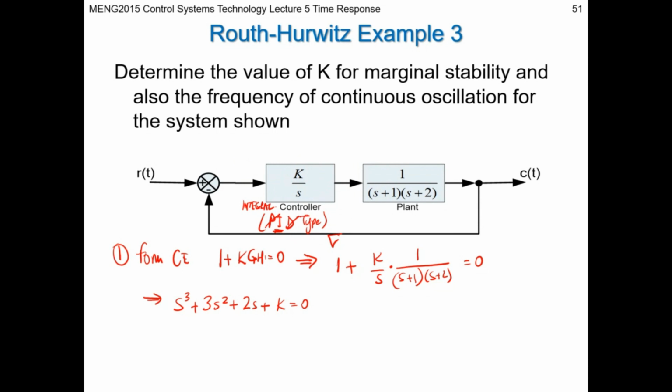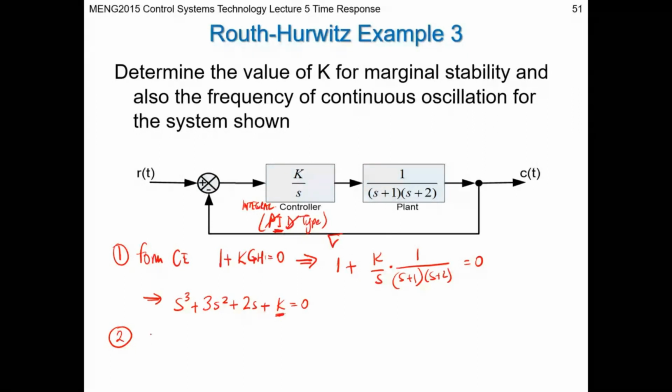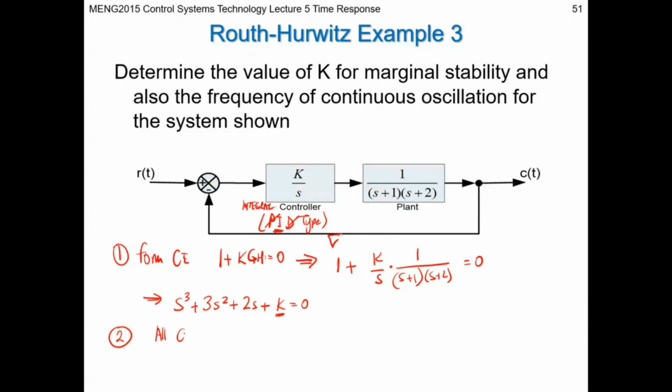So that was a little aside, but just to keep reminding you of what we're dealing with here in control systems. So coming back to Routh-Hurwitz, is this system stable? Well, it looks like it's going to depend on the value of k. And once we've determined our characteristic equation, the next thing we have to do is determine: are all coefficients present?